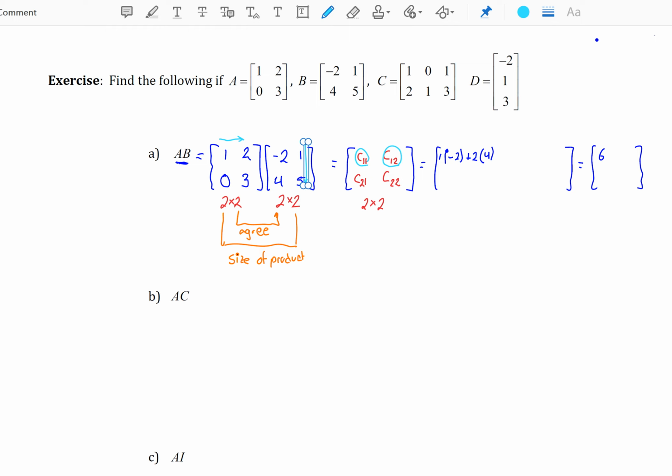First row, second column. So if I do this carefully, I think it should be 1 times 1 plus 2 times 5. If I do this right, I believe it should be 11.